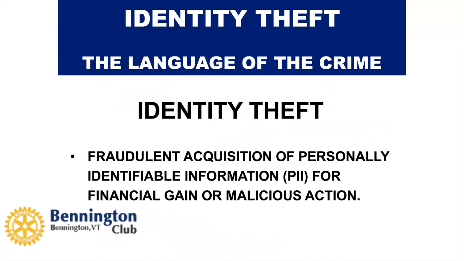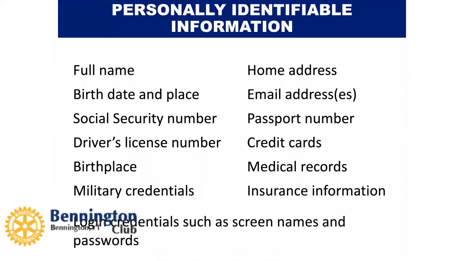Identity theft now takes us one step further, and what it does is it moves from the information being available to the information being used. And typically, it's either to do harm to a person or it's to steal money. So what's available out there? Here's the list. I'm just going to move on to the next slide. But you can see that a lot of information is readily available.